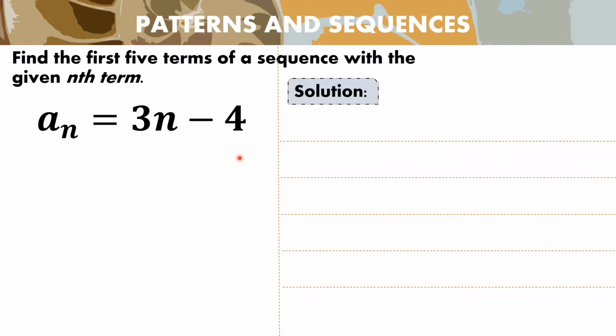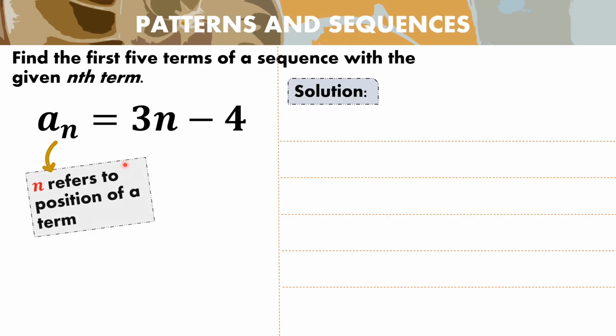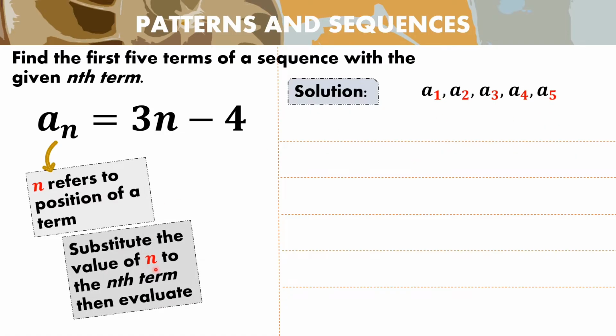We know already that n is the position of a term. We are looking for the first 5 terms. We have a sub 1, a sub 2, a sub 3, a sub 4, a sub 5. Let us substitute the value of n into the nth term, then evaluate.